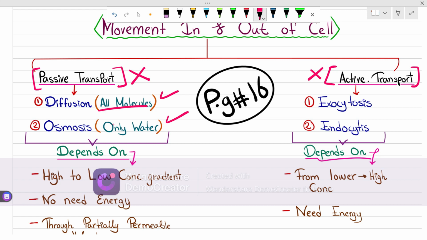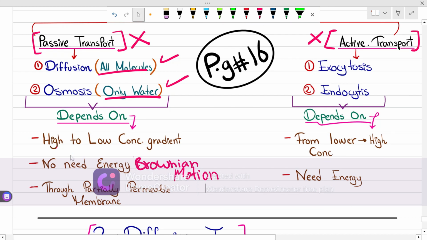Diffusion is for all molecules, osmosis is only for water. Both move from high to low concentration gradient, with no need for energy because they use Brownian motion. And both of them move through a partially permeable membrane.